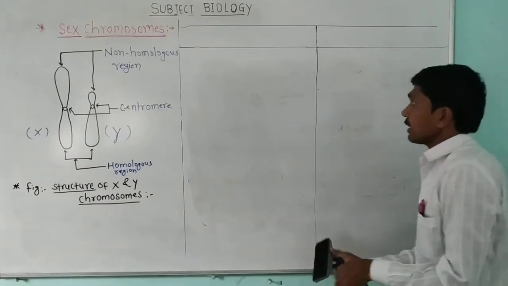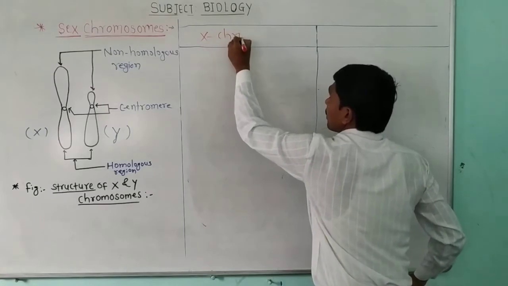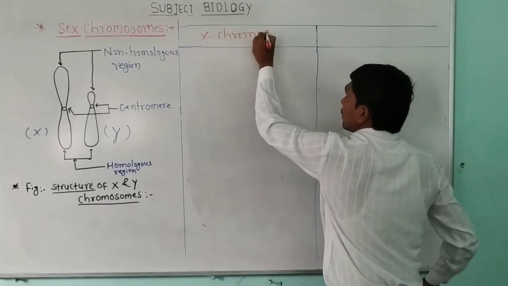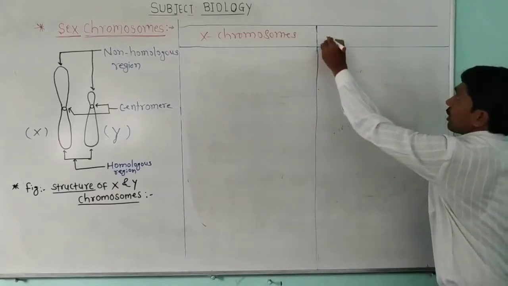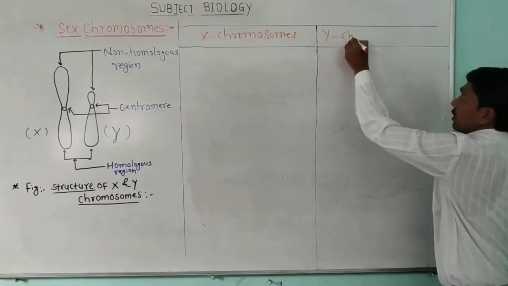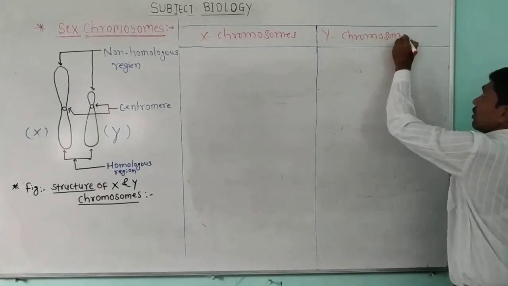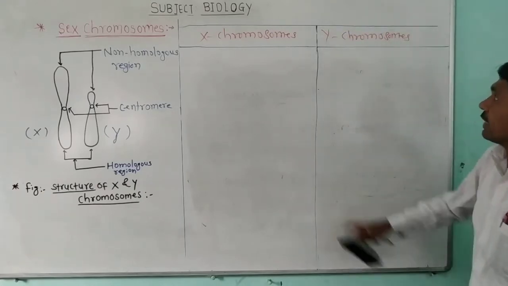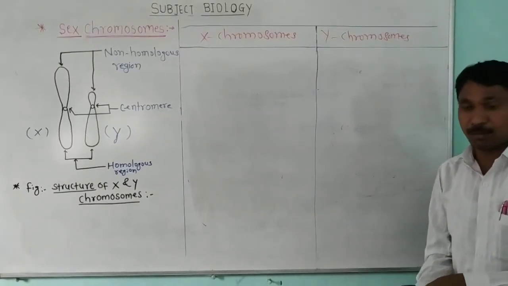On the left side here are the X chromosomes, and on the right side here are the Y chromosomes. Comparison between the X and Y chromosome.